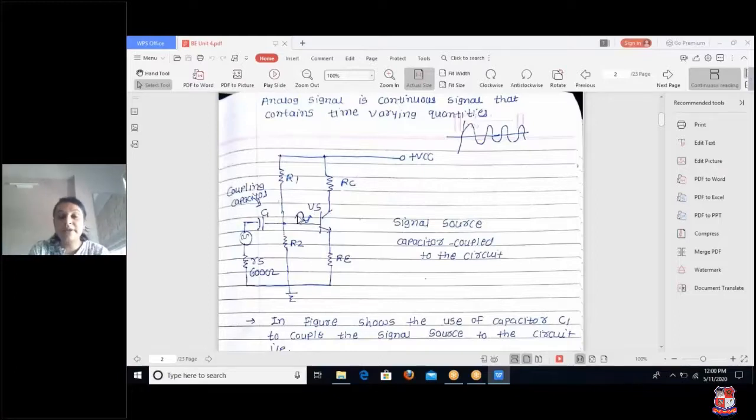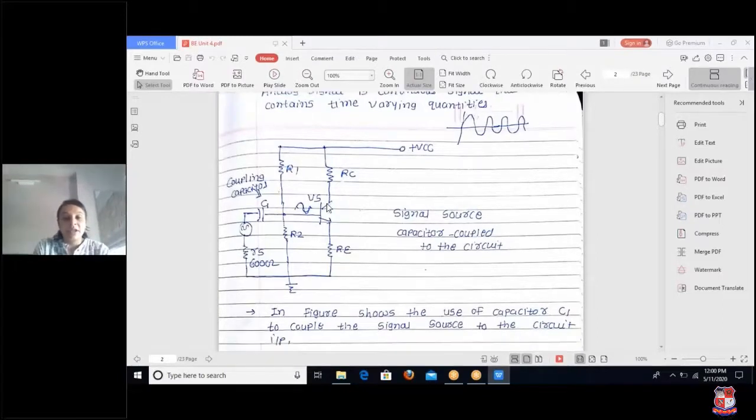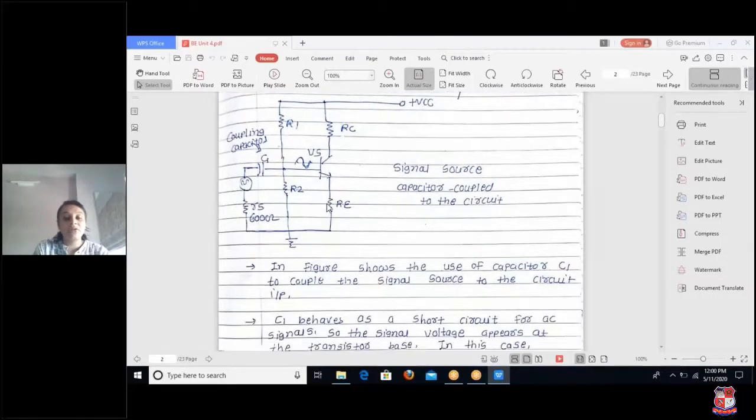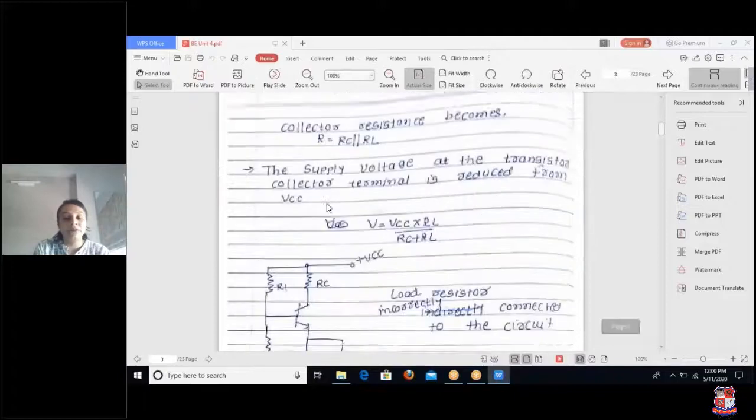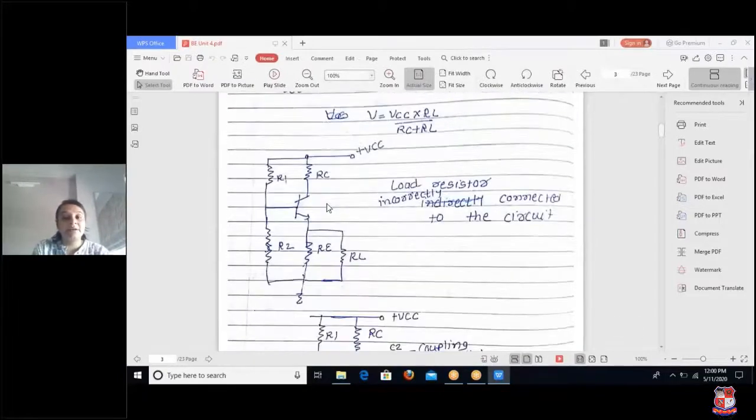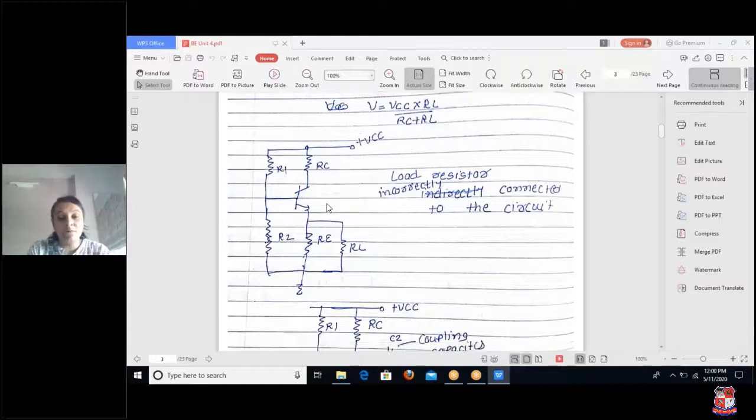You can also connect the coupling capacitor for the three configurations, that is, the CB configuration, CC configuration, or CE configuration. In the same way, you can also connect the coupling capacitor at the output side.